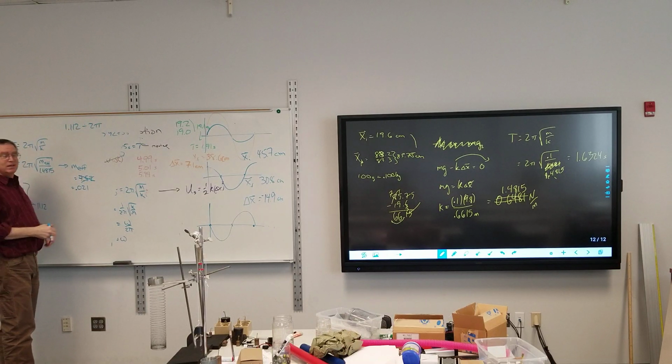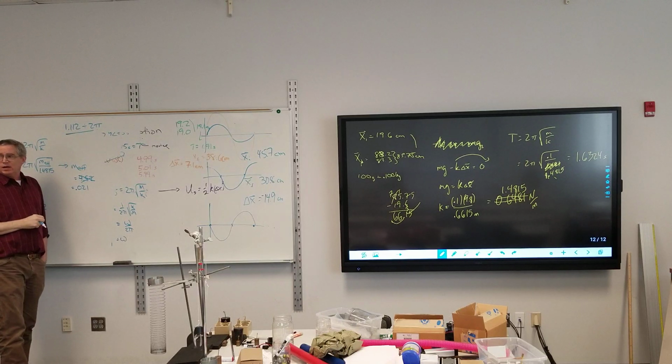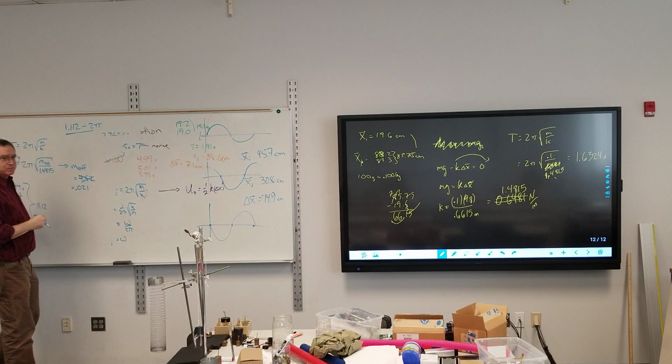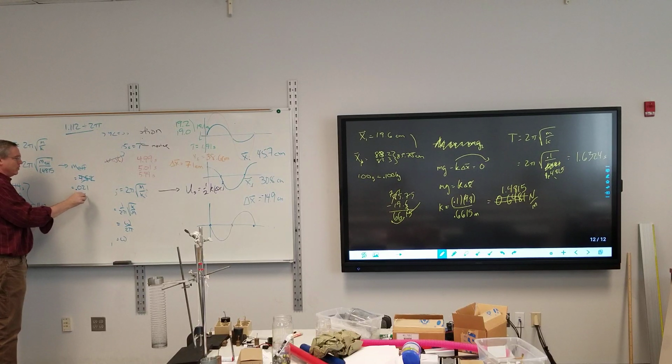Oh wait, I know what I did wrong. If you did that, you divide by 2 and then you multiply it by pi. 0.046.